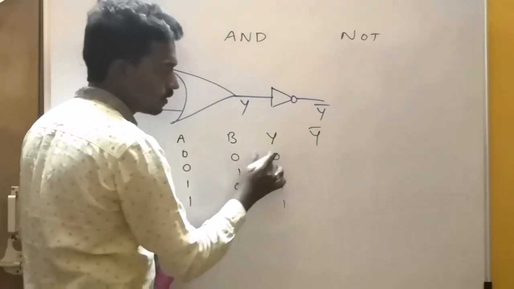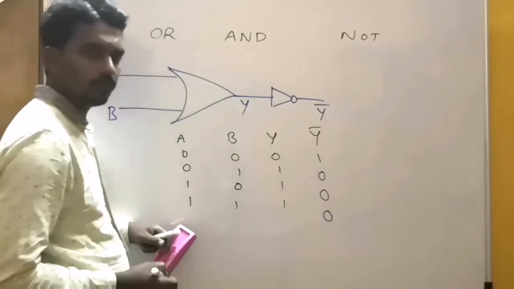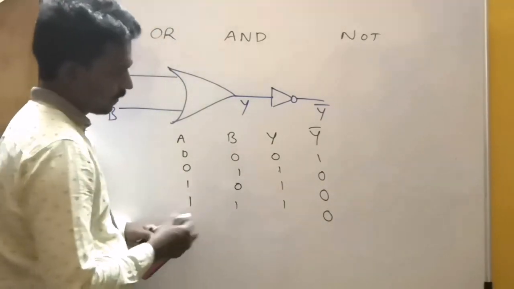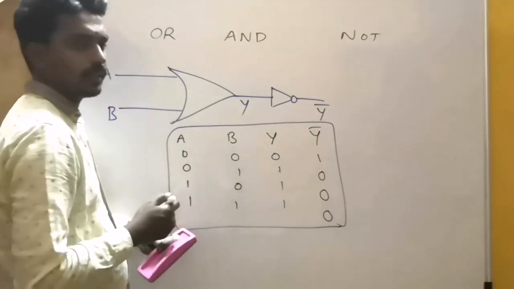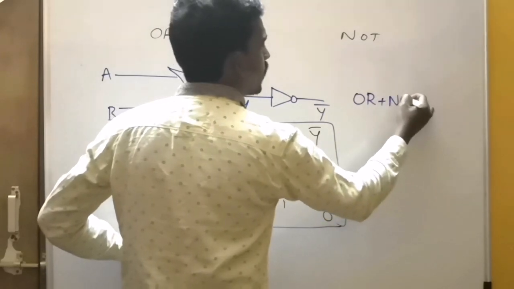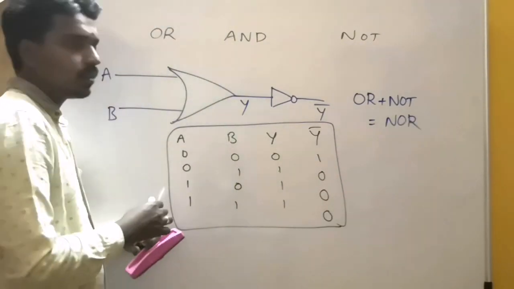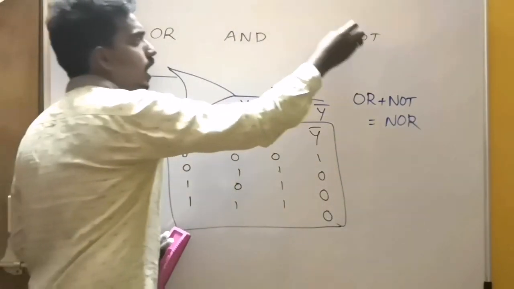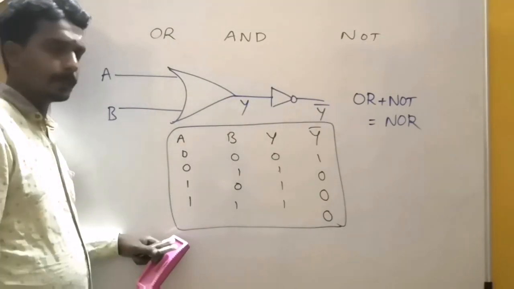Then the output is: 0 becomes 1, 1 becomes 0. So this combination they call OR plus NOT, nothing but the NOR gate. The combination of OR and NOT we call the NOR gate.